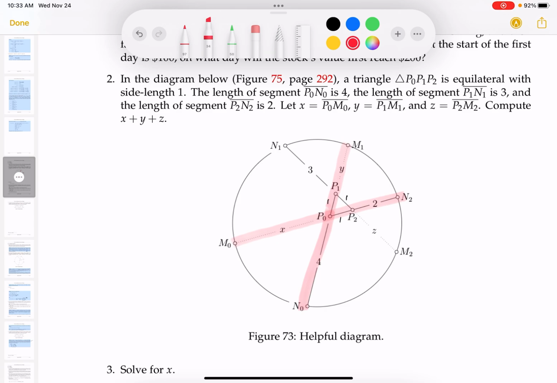Now, what I know is they intersect at a point, and what I know about the intersecting chord theorem is that the product, I'm going to write this down for you, of this side, which is X, times this side, right? So that's going to be 3X.